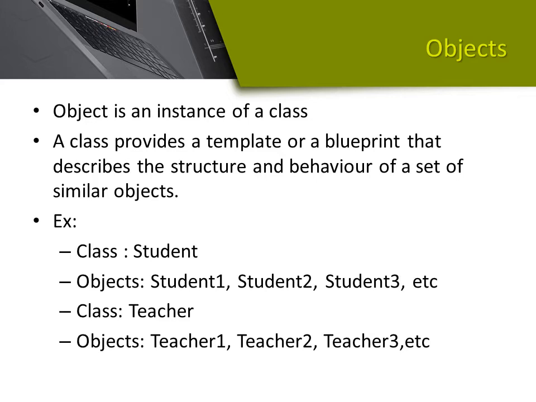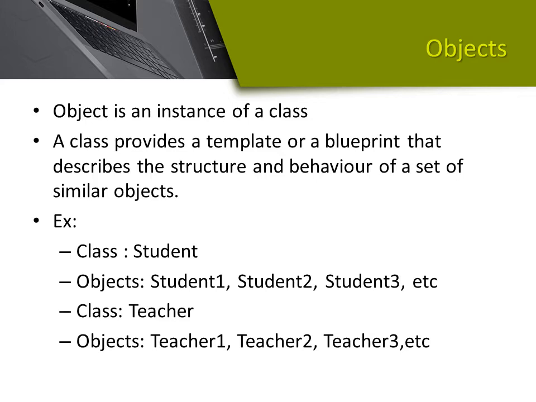Each of the students will have their name, address, telephone number, attendance details, and other details related to their academic performances. So, in object oriented programming, we will declare a class called student, and all the students using the ERP system will be called objects of the student class.